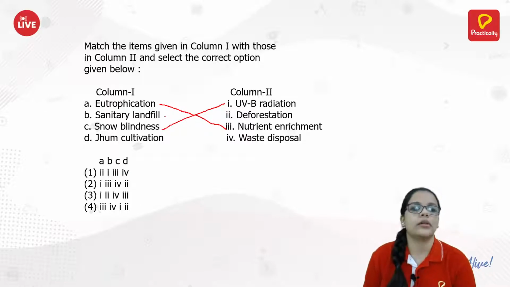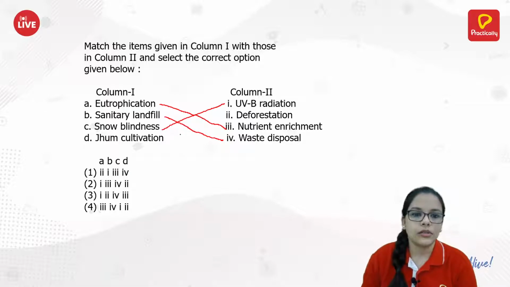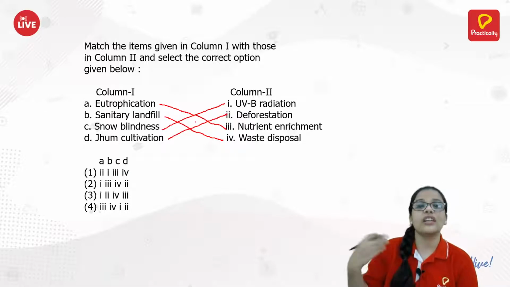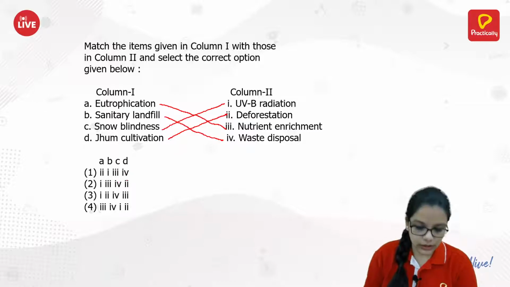Sanitary landfill is always waste disposal. Whenever we talk about landfilling, it will always be disposal of waste. Now, home cultivation is deforestation. Whenever you're cultivating lands, you're deforesting. So A3, the option is 4.